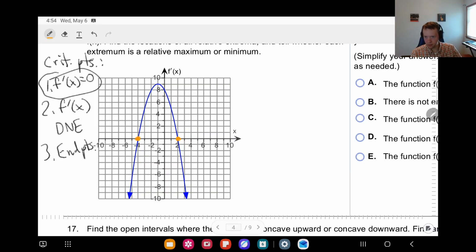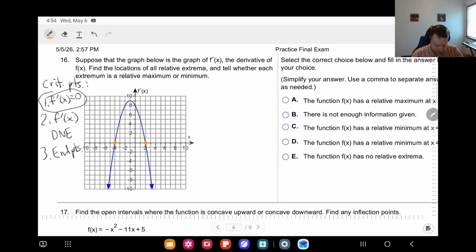Those give us the possible candidates for local maximum or local minimum. So now we use the first derivative test to classify these. I'm going to analyze the sign of the derivative, that is, whether it's positive or negative.